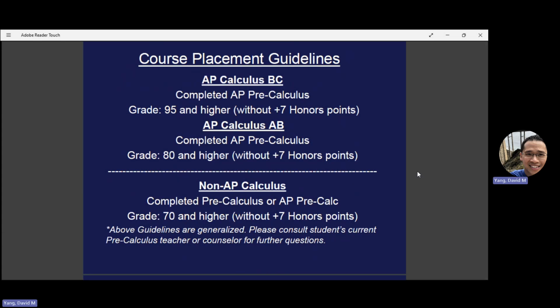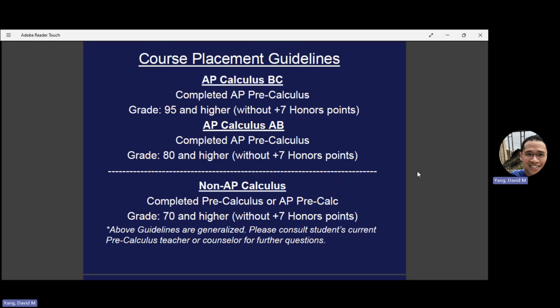Course placement guides. Typically, students are coming into AP Calculus BC and AP Calculus AB from an AP Pre-Calculus course, and the recommendation is that students are placed into BC Calculus from AP Pre-Calc if students are able to earn a 95 or higher in AP Pre-Calculus.